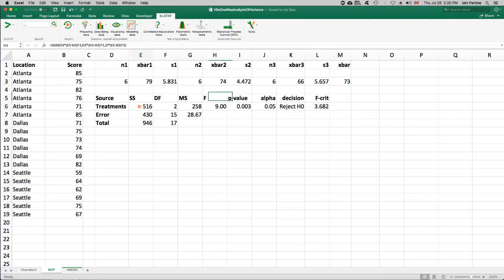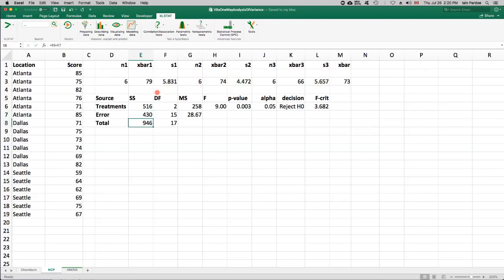Sums of squares. Again, we can calculate the treatment sum of squares by looking at the differences between the within treatment sample mean and the overall mean, squaring those differences and weighting them by the sample sizes. And then the error sum of squares is looking at the within treatment group standard deviations, squaring those and weighting them and adding them up.